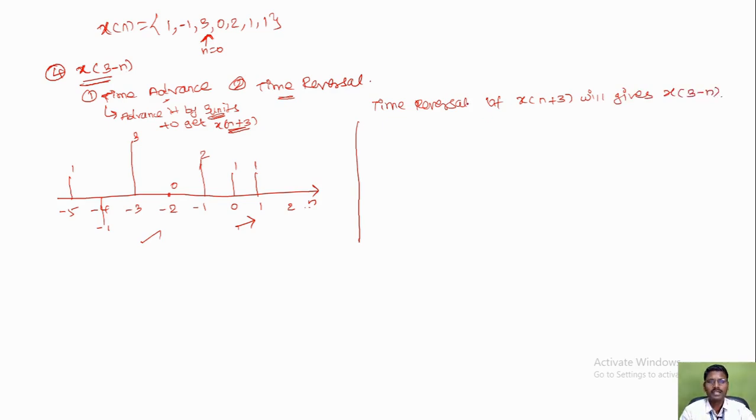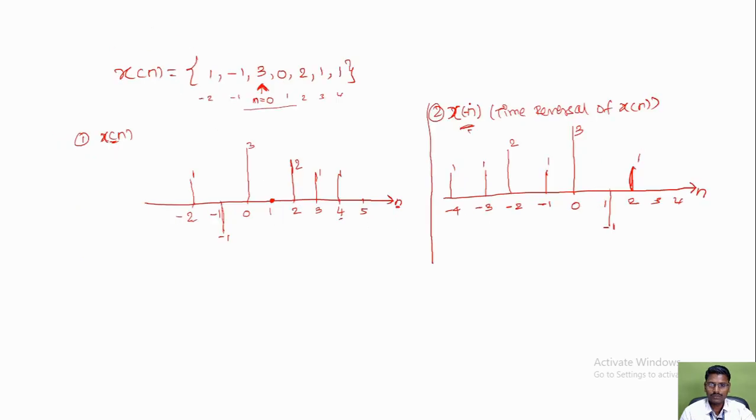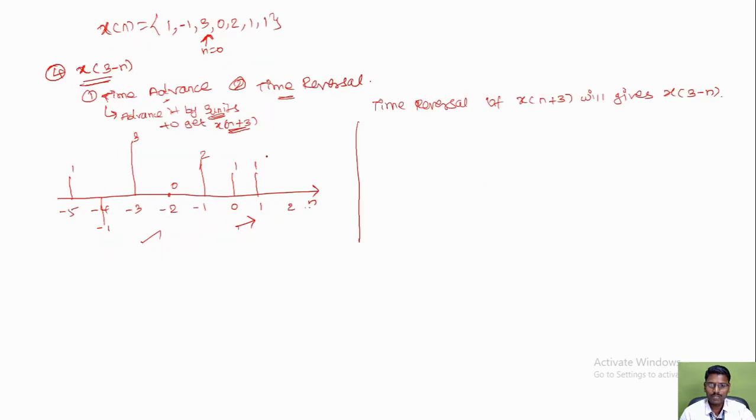I have already performed x of minus n with the help of x of n; x of minus n is the reversal of x of n. Similarly, I have x of n plus 3, and I am going to reverse this signal to get x of 3 minus n, right?